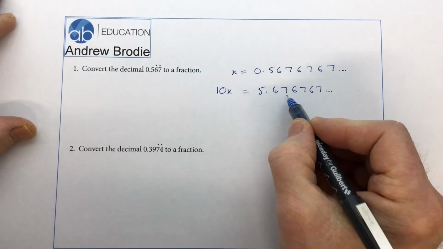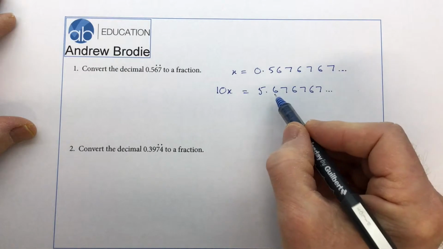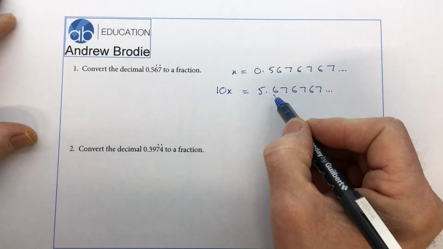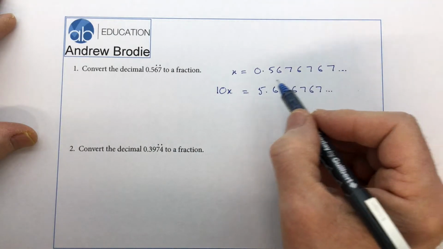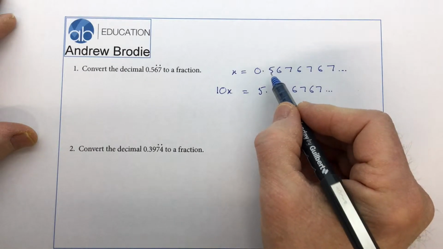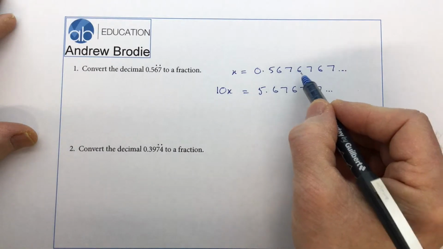Now, we've got the 6 and 7 where we want them because after the point now we've got everything that's recurring. We want to be able to subtract this. And so what we do is multiply now x by 1000 because there's 3 places to get to the next 6, 7.